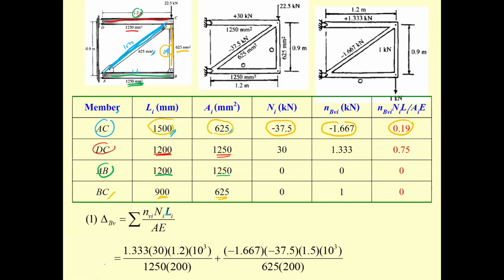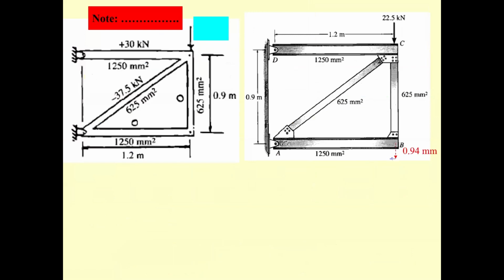You get the result of this one for the AC, and the result we also want for the DC. Okay, you just combine them together, and then you get this one to be 0.94 millimeter. That's it. Okay, to compute the deflection of the truss. Okay, very simple.